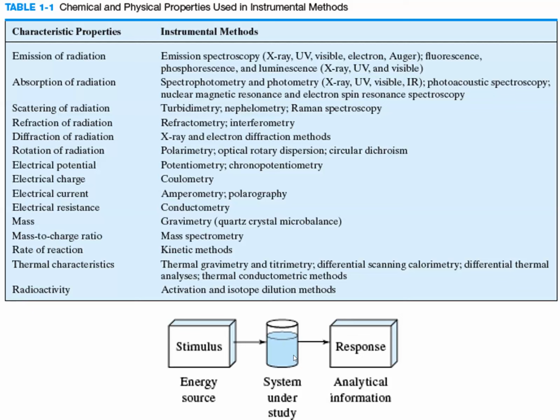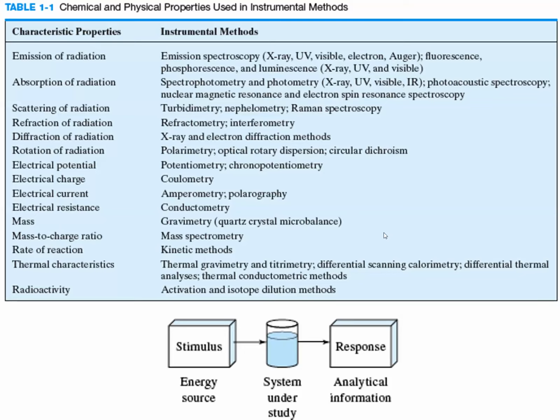It can be a solid, it can be a liquid. Nevertheless, the energy source is directed at this system. You must have a stimulus, some form of energy or current, which you direct onto your system under study. And then from that, you get a response. The response is then interpreted as analytical information that is useful for analysis.